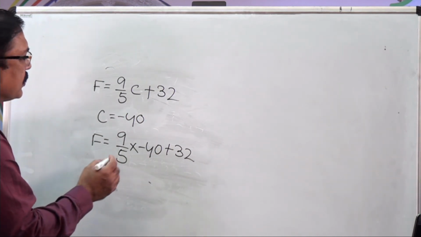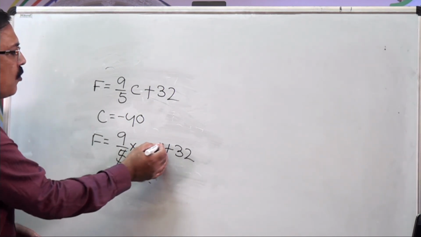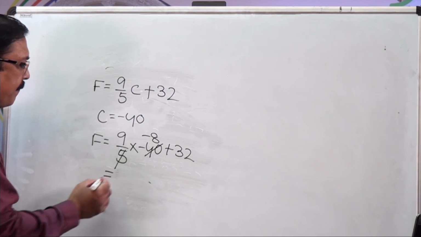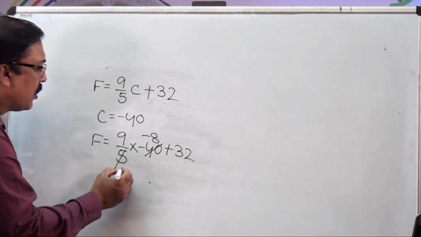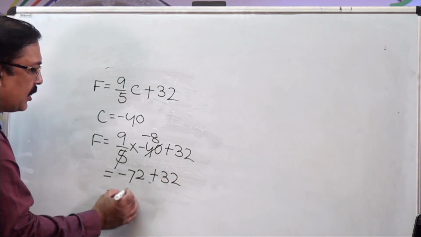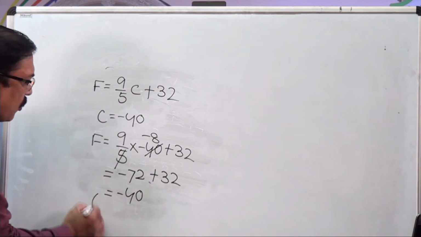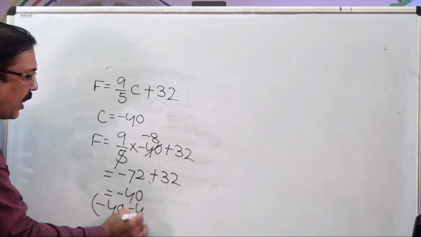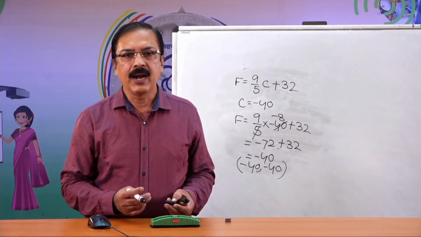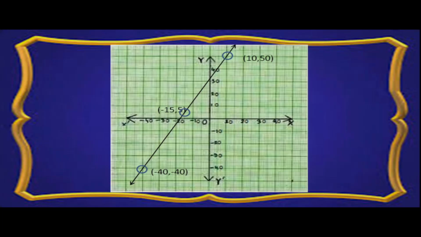That gives 5 into minus 8 after cancelling. So 9 into minus 8 gives minus 72, plus 32 is minus 40. This shows that minus 40 is a solution to this equation, and at this number, minus 40, the Fahrenheit scale and Celsius scale are equal.